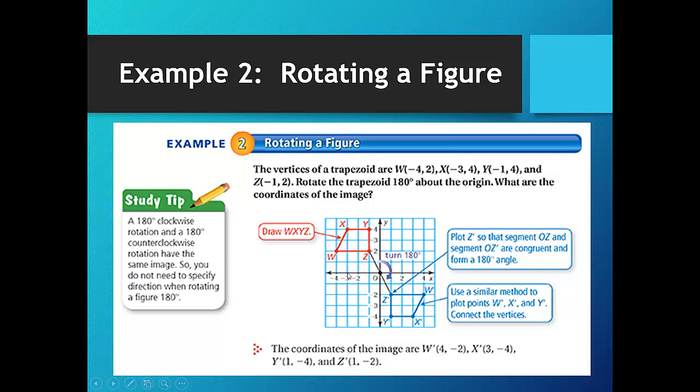X is at -3, 4, and X prime is at 3, -4. And then Y is at -1, 4, and Y prime is at 1, -4. The coordinates of the image are W prime at 4, -2, X prime at 3, -4, Y prime at 1, -4, and Z prime at 1, -2.